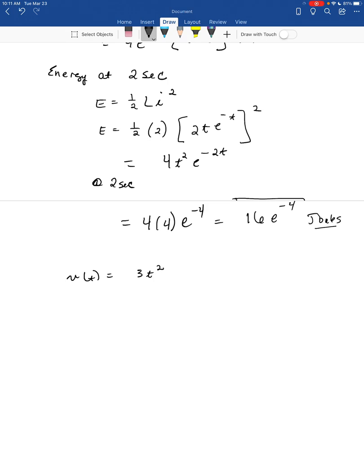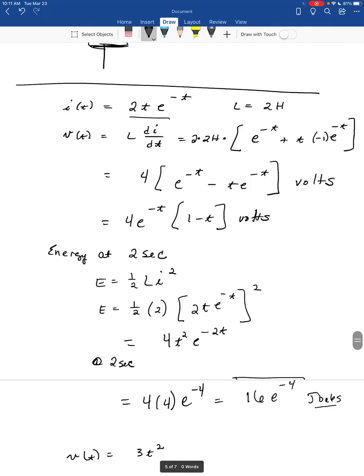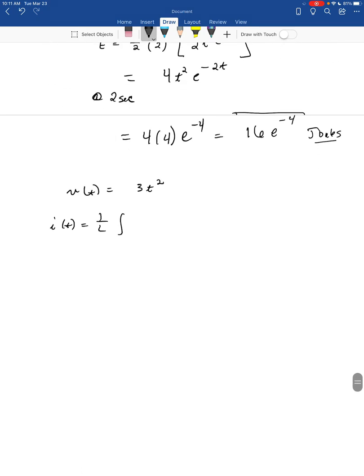Okay, so V of t is 3t squared. So i is 1 over L, and we'll keep our same inductor value. It was 2 henries. And what you've got to have here is a current at 0. We'll say that's half an amp.